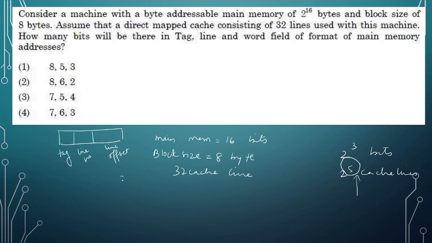So ये जो part हो गया वो 3, ये पूरा कितना है? 16 bits का है. 16 में से 3 गया. Now for the line number, 5 bits are used. So I write 5. So 5 also went. So whatever will be remaining will be the tag. So as you can see, the answer is 8, 5 and 3.